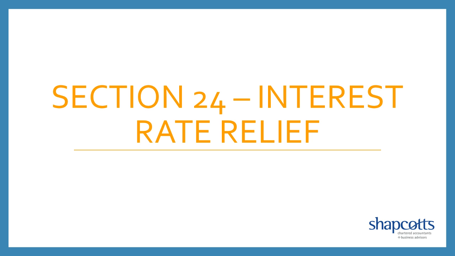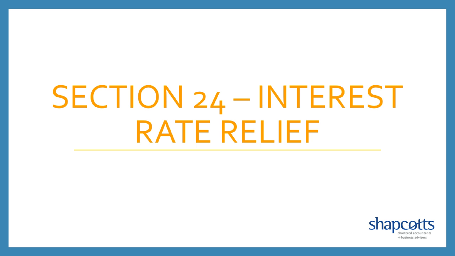We're finding those who are highly geared, so with lots of mortgages and lots of lending on portfolios, are having the bigger impact. That will become apparent in a moment if you're not quite sure how it's impacting people.